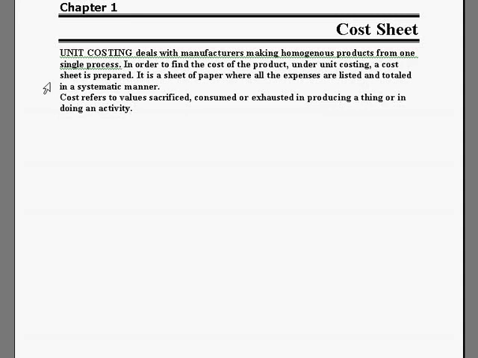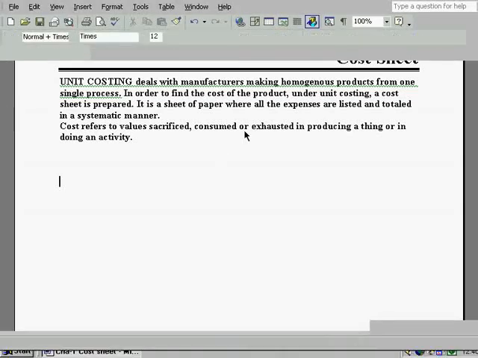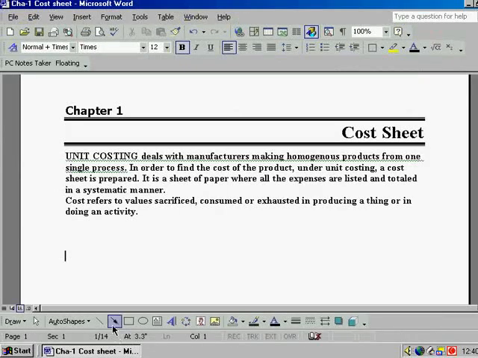Now obviously we know that in order to prepare a cost sheet, we have to list down all the costs. Now before understanding the format of a cost sheet, let us try and analyze our cost.